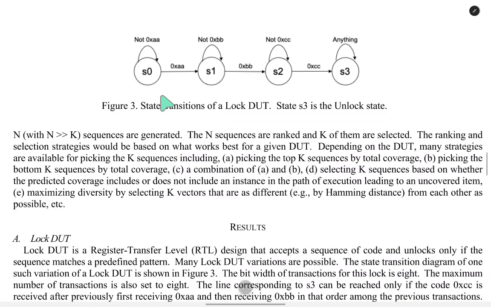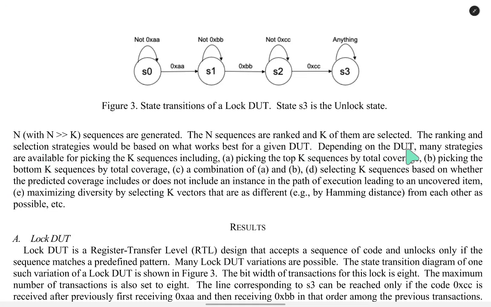Figure 3 is a state transition diagram of a lock DUT, and state 3 is the unlock status. The n sequences are ranked and k are selected. The ranking and selection strategies would be based on what works best for a given DUT.